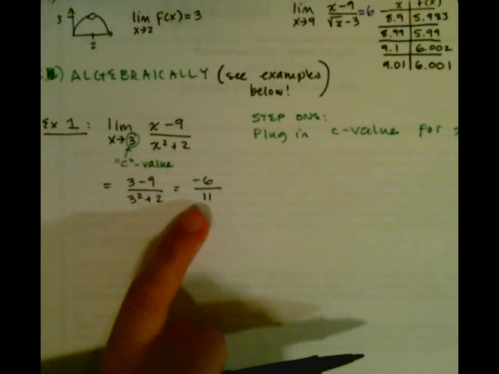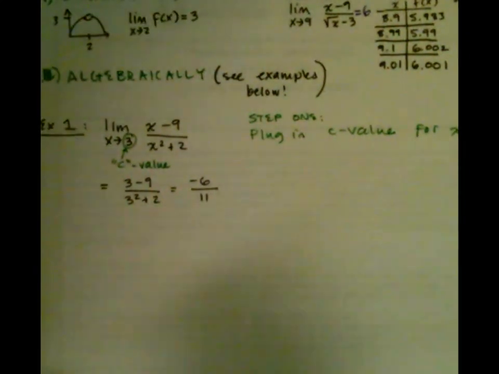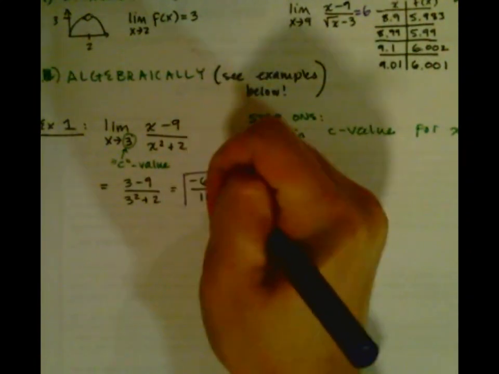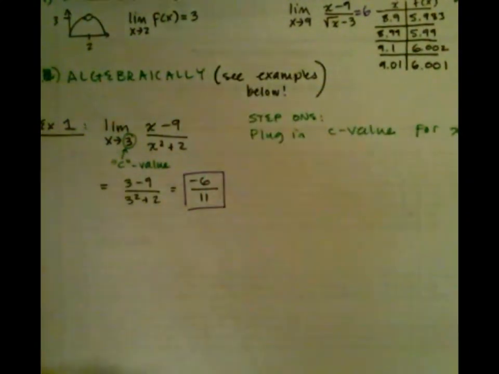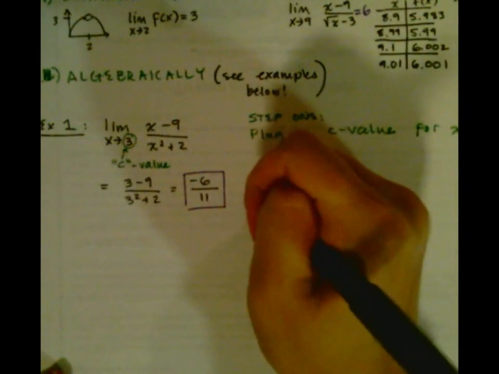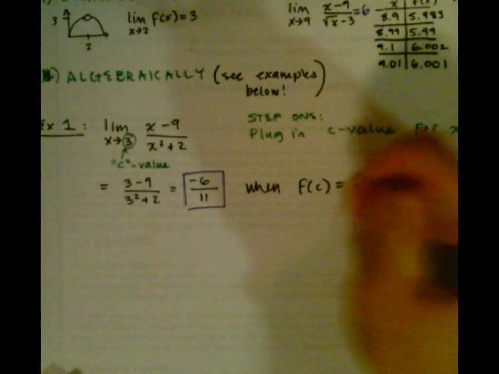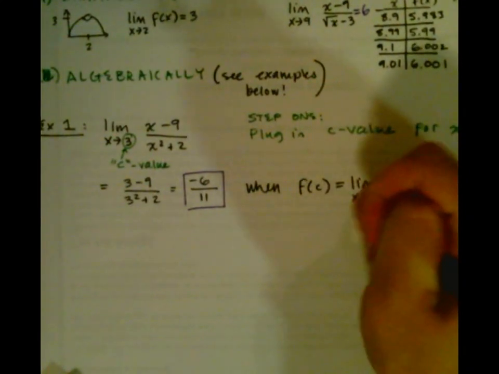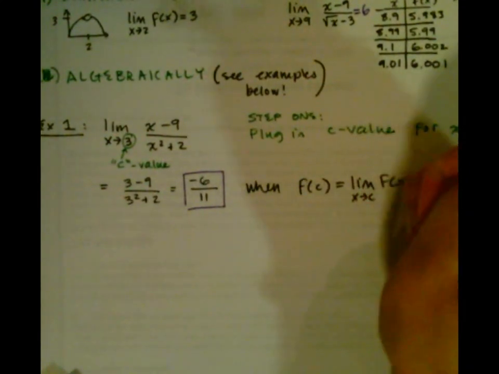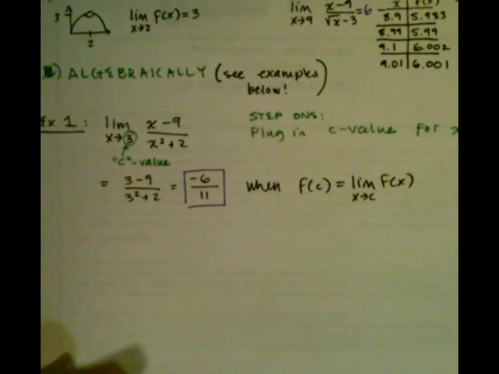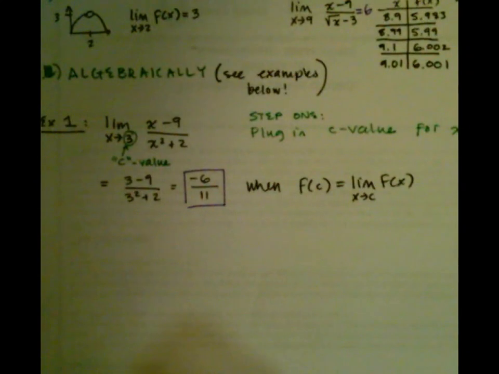So that's my answer. This will happen when f of c is the same thing as the limit as x goes to c of f of x. That's our examples from graphically where we have some continuous function.